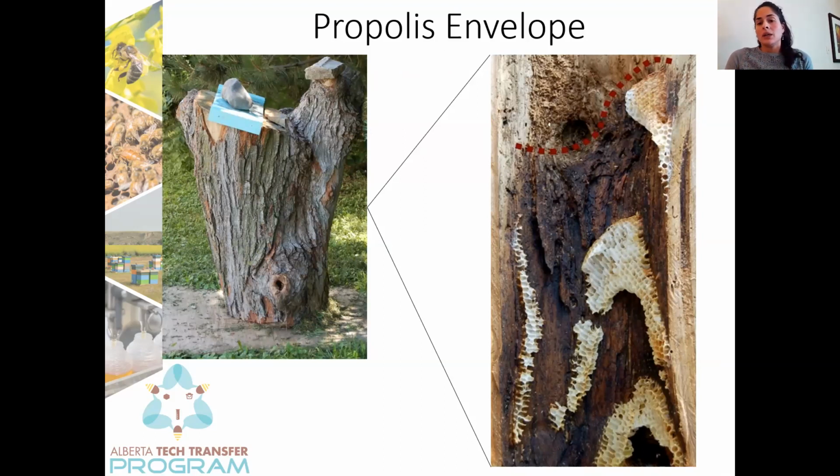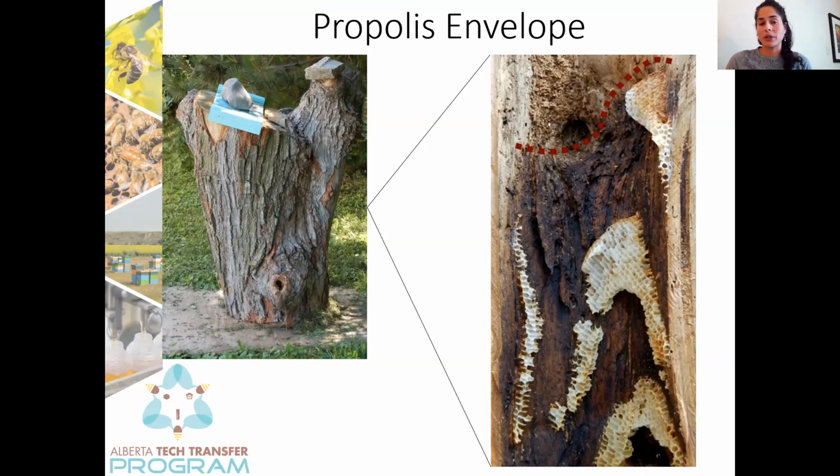And what we think is that those smooth surfaces do not trigger propolis deposition. But inside of a tree with very rough surface, we do see that the bees will deposit propolis surrounding the nest and making what we call that propolis envelope.